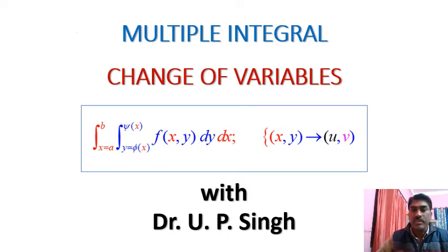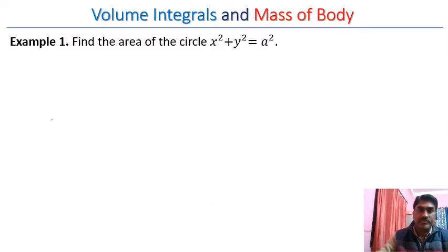Sometimes it goes from Cartesian to cylindrical polar coordinates, sometimes from Cartesian to spherical polar coordinates, and sometimes from Cartesian to another Cartesian or orthogonal coordinates. So let us take some examples to see how we use substitution of variables to integrate.